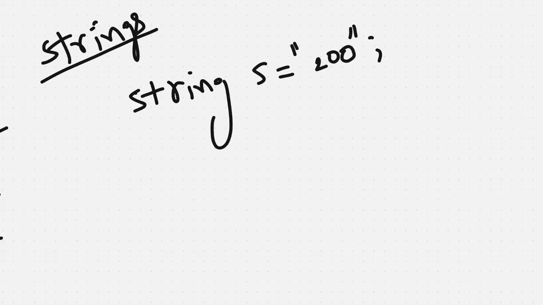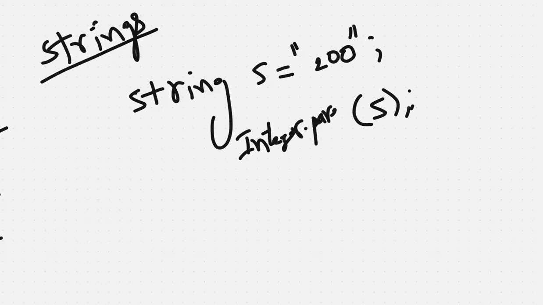Now I need to convert this to an integer. So for example, how can you convert? This is s, right? This time we can convert it explicitly. Here we can use Integer.parseInt, equal to, here we can take x.